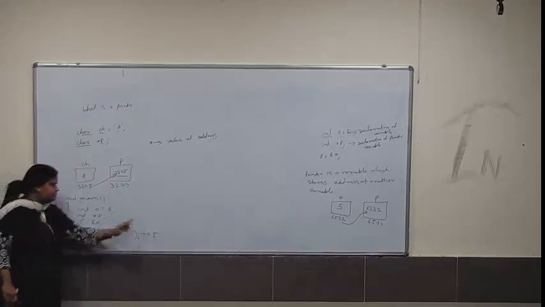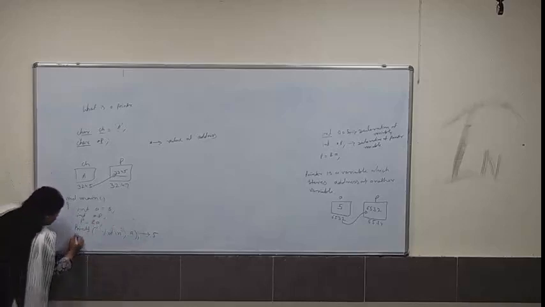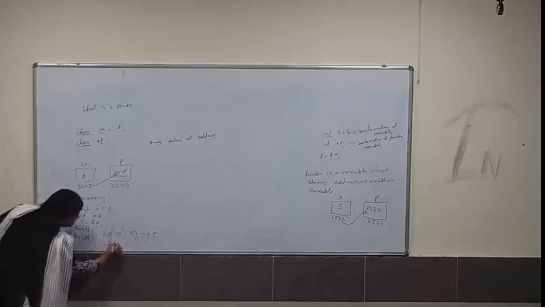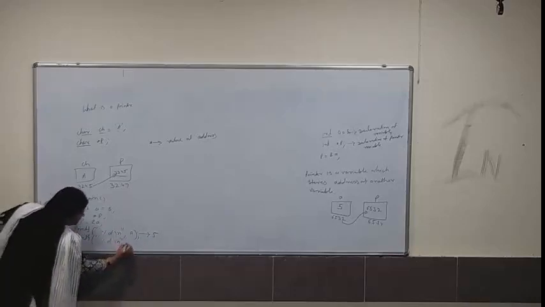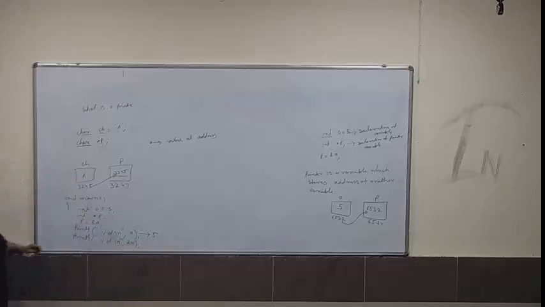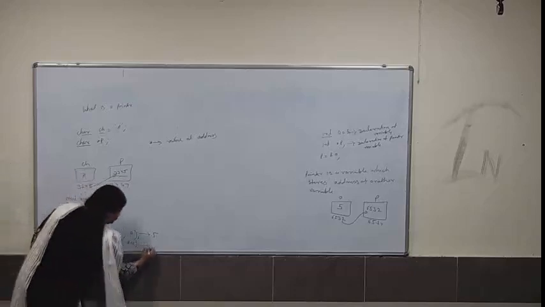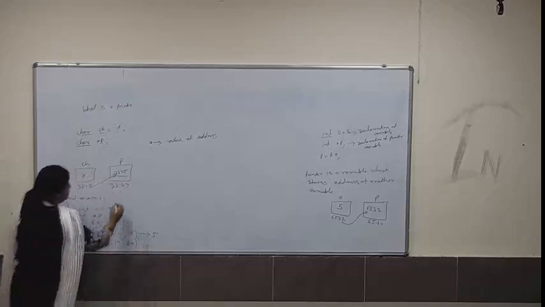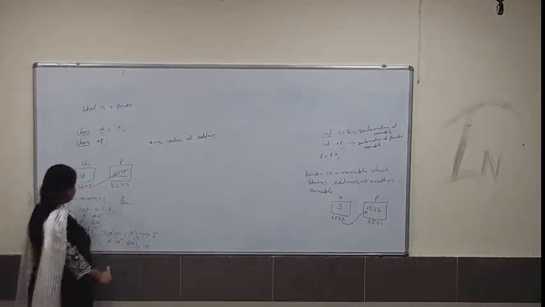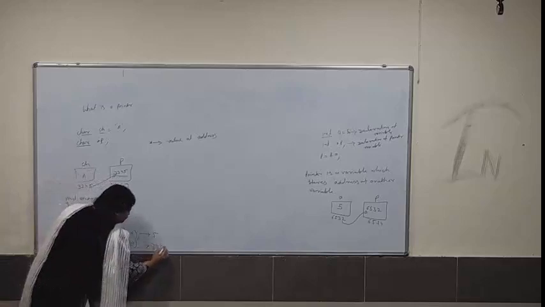Now the value will be 5. If I write printf percent d slash n comma ampersand A, then what will it provide here? Ampersand means it provides the address of that particular variable. Then the answer will be 3245.